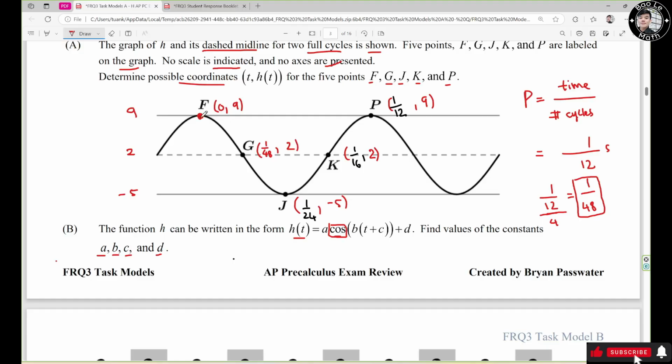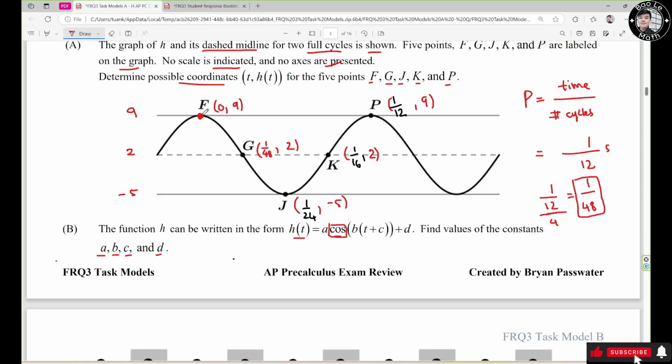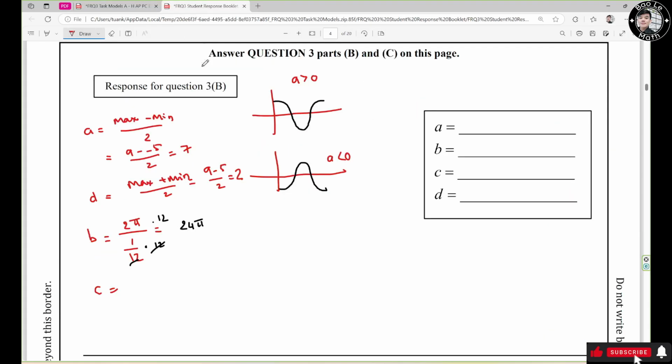If you start right here and you go down like this, which means A is positive. Look at the graph right here. So if you start right here, the phase shift is 0. So C equals 0. So right here you can write A equals 7, B equals 24 pi, C equals 0, and D equals 2.